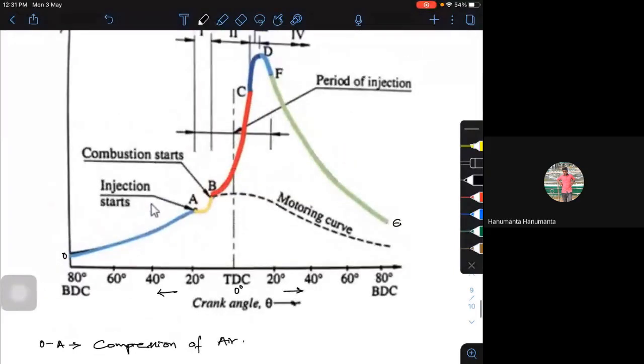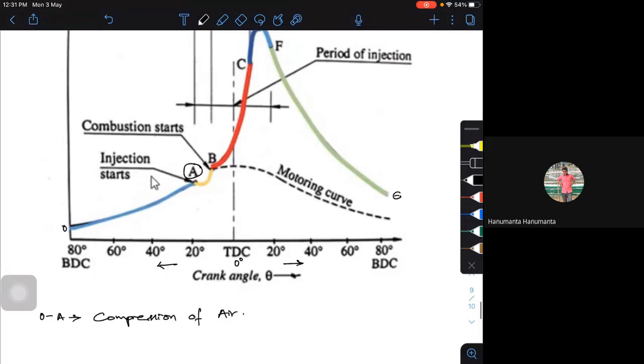Now, at this point A, I will inject the fuel. So here, injection of the fuel starts. As soon as you inject the fuel, will the combustion process start immediately? Theoretically speaking, as soon as the injection of the fuel starts, it should ignite and immediately burn.